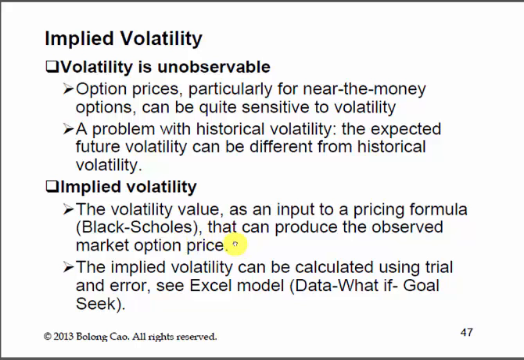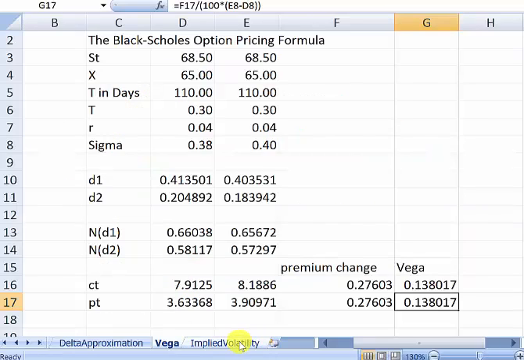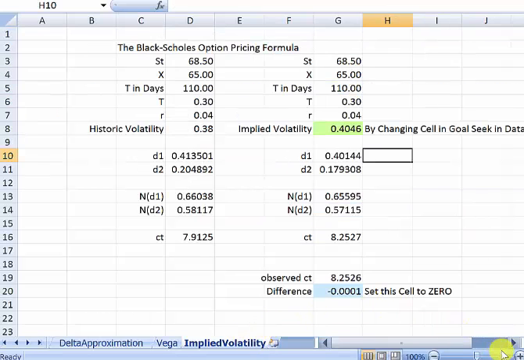Okay, we basically ask what kind of volatility value we need to put into the Black-Scholes formula so that we can produce the observed market option premiums. In Excel, we can actually perform this using the so-called Goal Seek. So let's look at our Excel model.